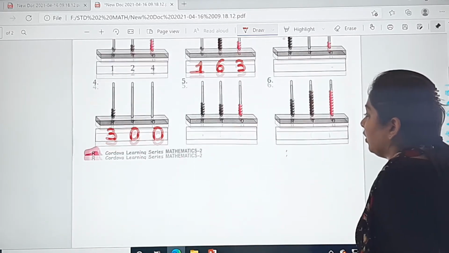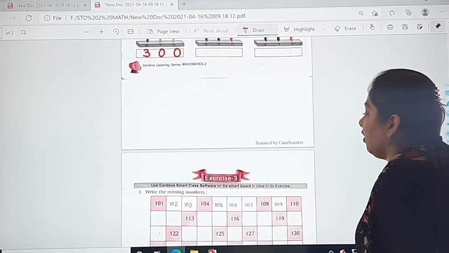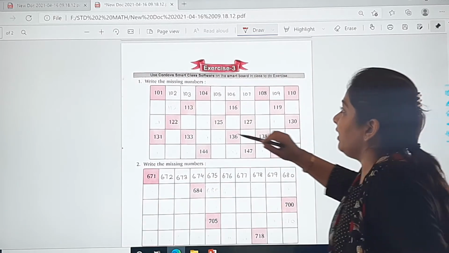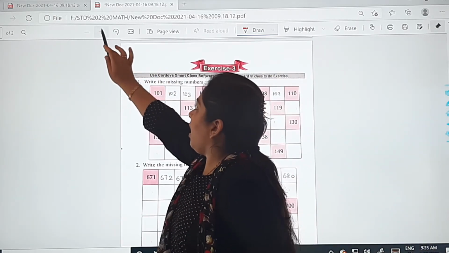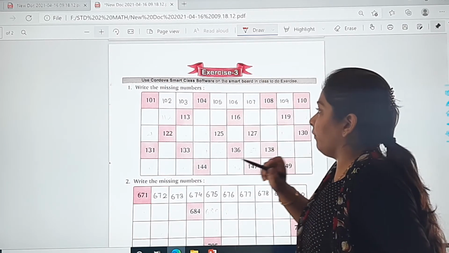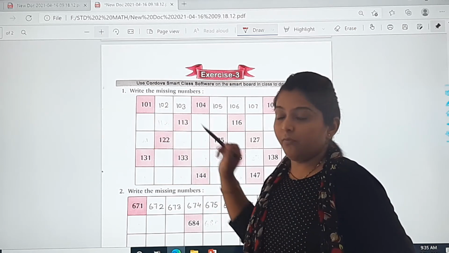Next, what you are having, that is exercise 3. In exercise 3 what you have to write? Write the missing numbers. Now in this, the first one ma'am has already done for you. See the first line. It is starting with 101.